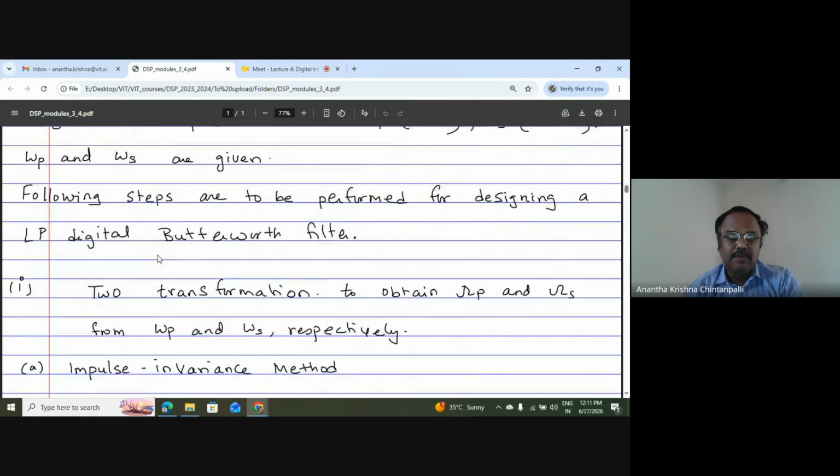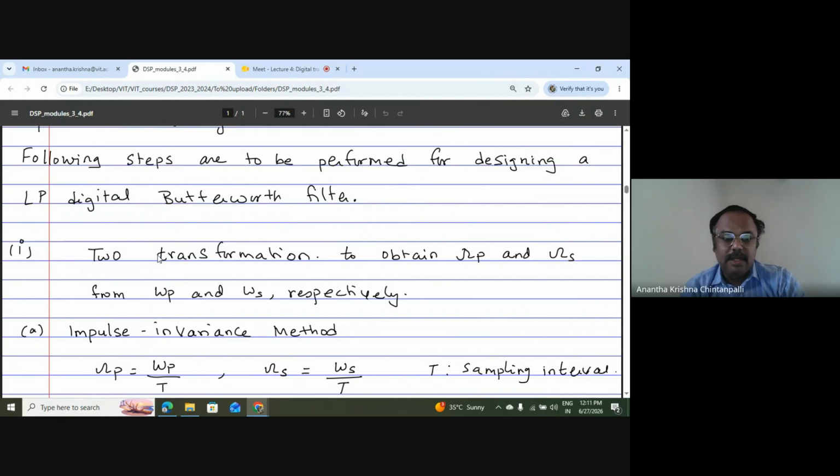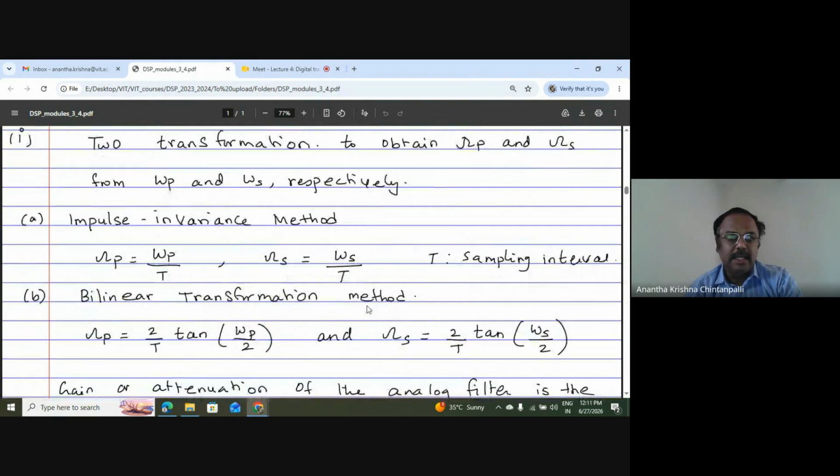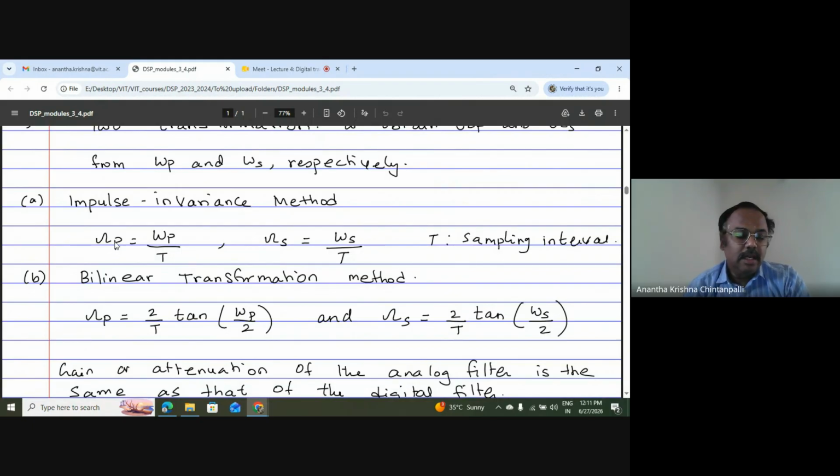Two transformations are available such that we can obtain continuous omega p and continuous omega s from discrete omega p and discrete omega s respectively. The first one is the impulse invariance method, where continuous omega p is equal to discrete omega p divided by T. Similarly, continuous omega s is equal to discrete omega s divided by T, where T is your sampling interval, which is nothing but 1 over the sampling frequency.